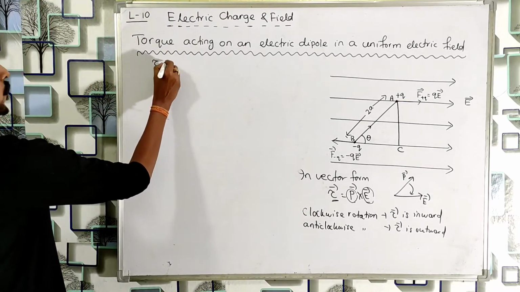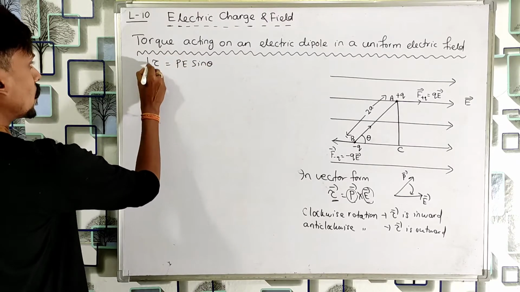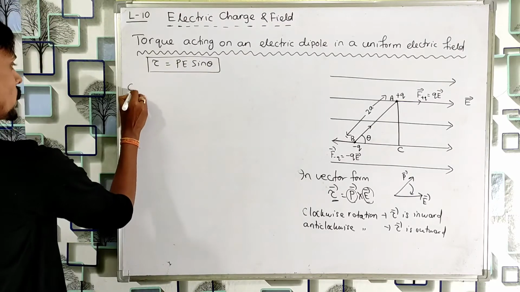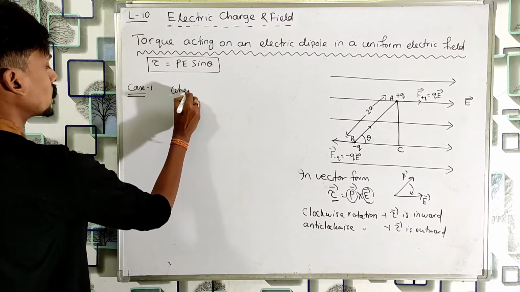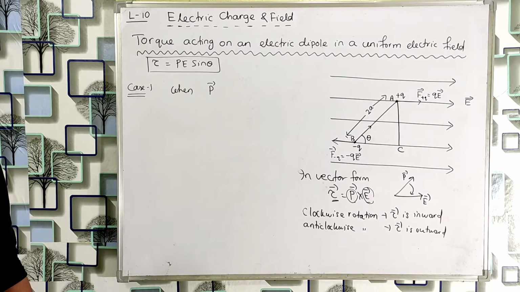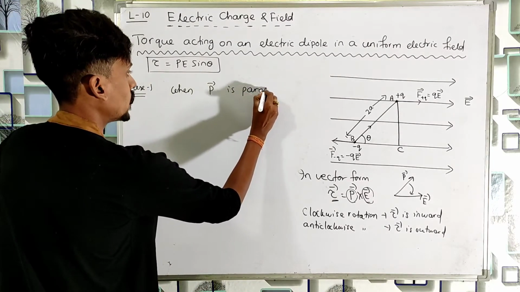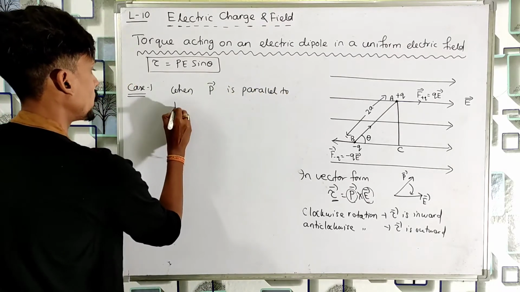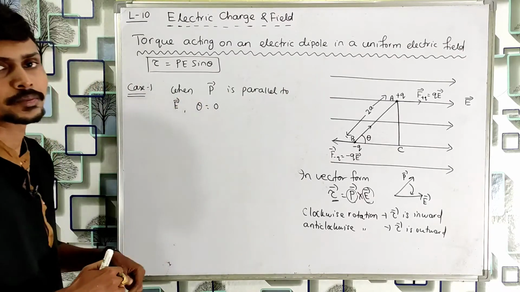So the magnitude of torque is pE sin theta. The first case is when the P vector, meaning the dipole moment, is parallel to the E vector, meaning theta is equal to 0.